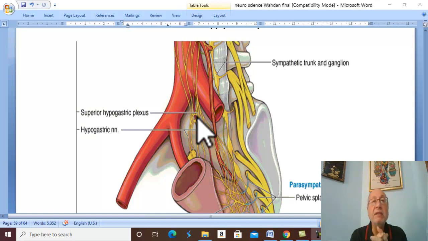And the lumbar sympathetic chain, the fibers descend to supply the pelvic organs through the hypogastric plexuses. And the sacral sympathetic chain, their fibers descend to supply sympathetic supply to the lower limb.